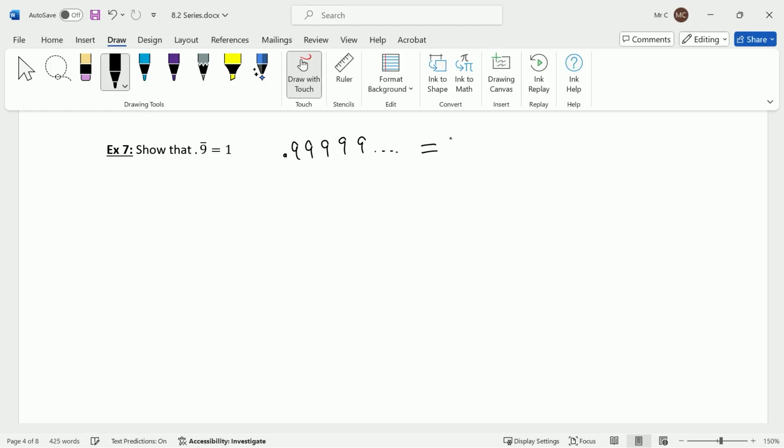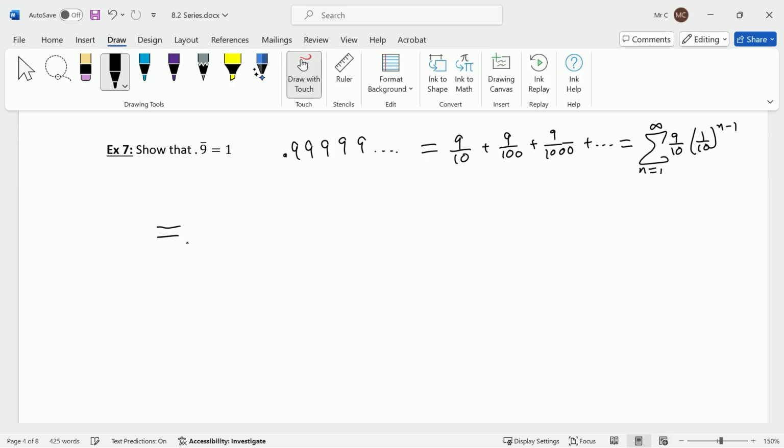But we need to write that as a sum, which is 9/10 plus 9 over 100 plus 9 over 1,000 plus ... which is the sum from n equals 1 to infinity of 9/10 times 1/10 to the n minus 1 power. Since again, I'm multiplying each term by 1 over 10.